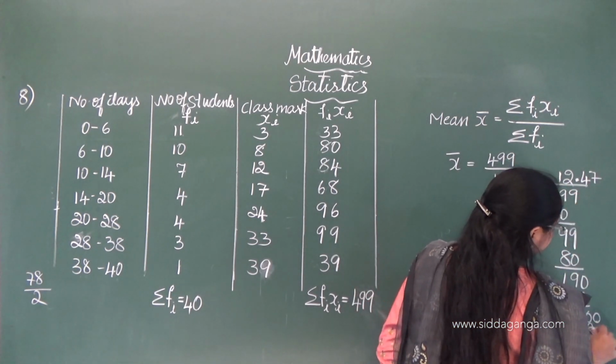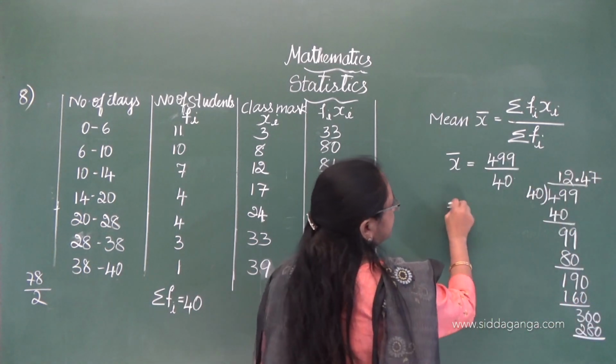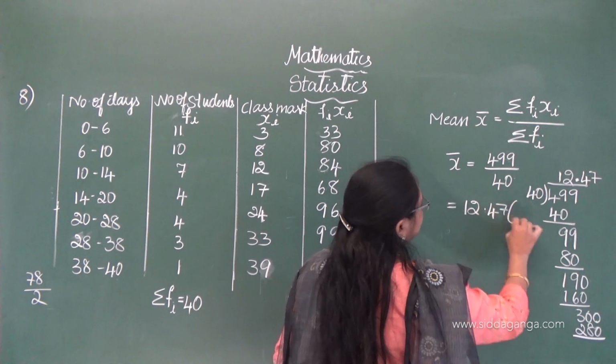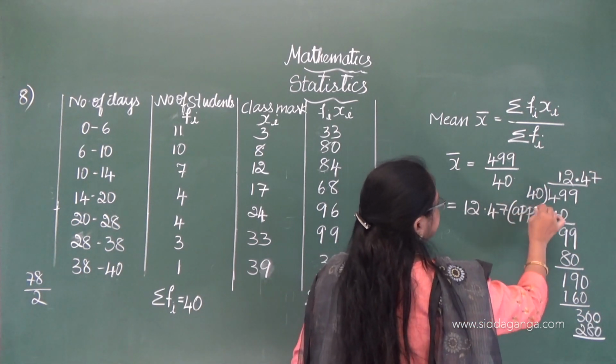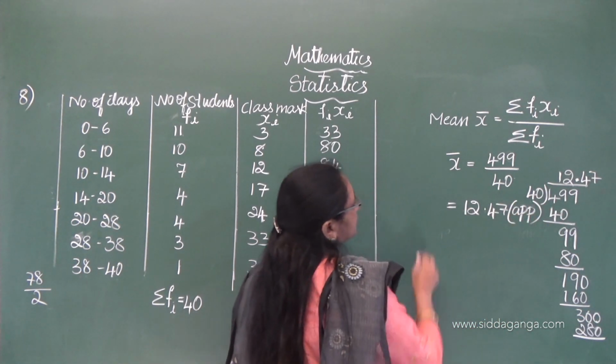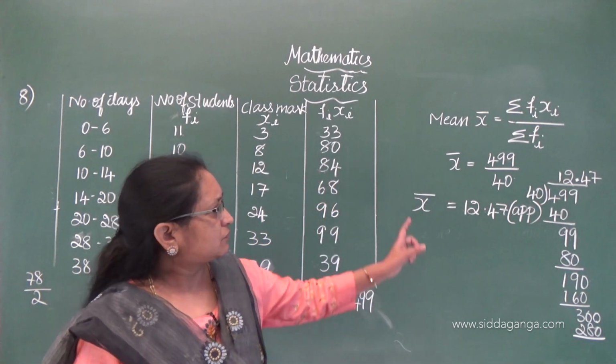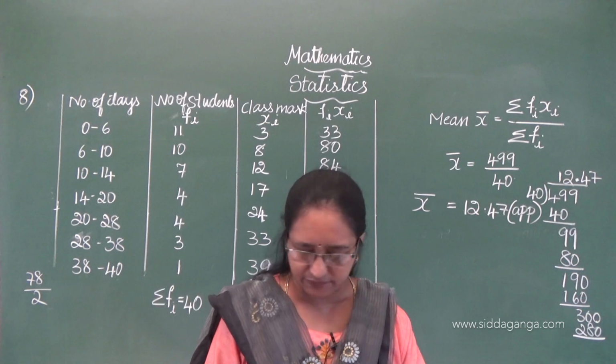I think that is enough. You can find it for 2 decimal points, and 12.47 approximate you can write. The approximate value we got is 12.47.